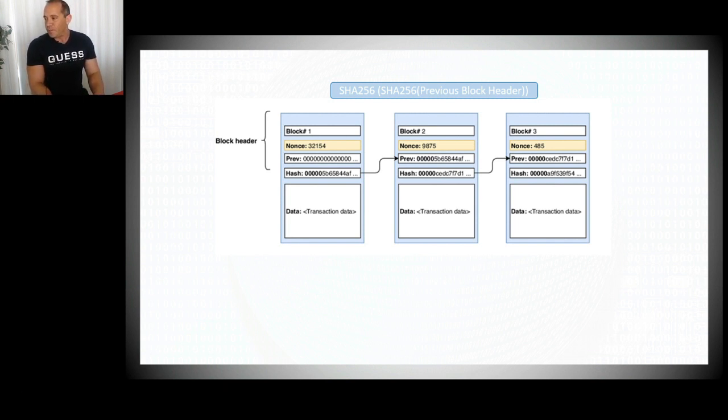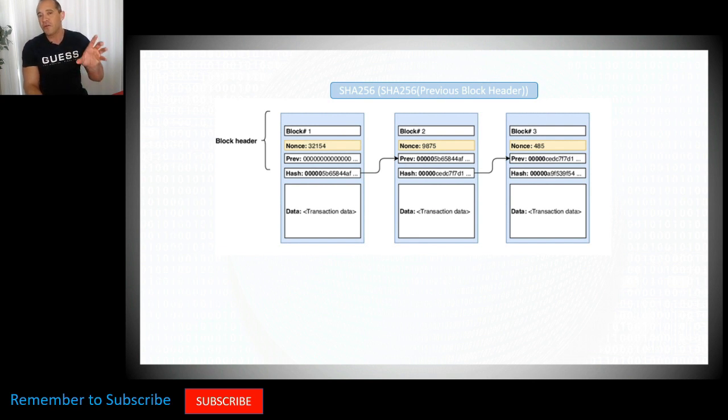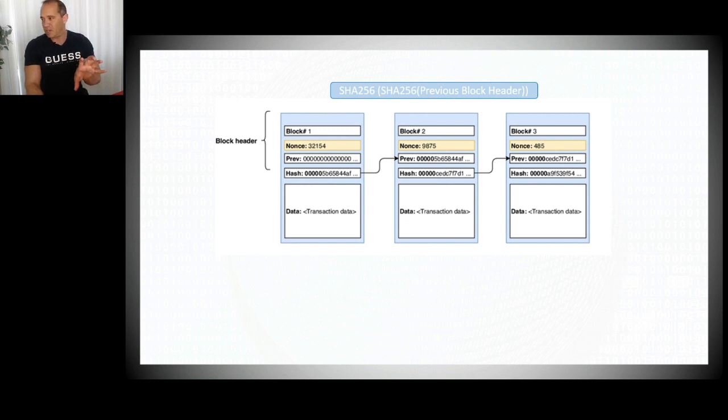So in this example, you can see that block 2 header contains the hash of the previous block header. Block 3 contains the hash of block 2's header. We also went into a little more detail where I showed you that each block header also contains a cryptographic hash of the transactions of that particular block.